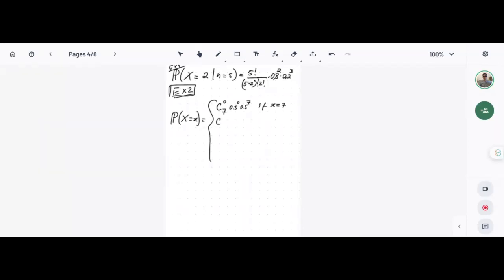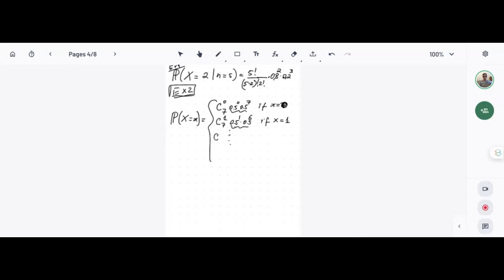Then the probability of receiving 1 success is combination 1 out of 7, 0.5 to the power 1 for the number of successes times 0.5 to the power 6, right? So if you write it down, you will always receive 0.5 to the power 7 all the time, so you can skip that part. Oops, here X is 0 actually, not 7, it's 0, it's 1.